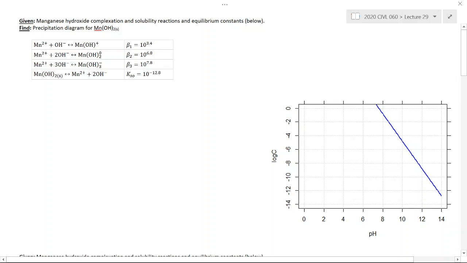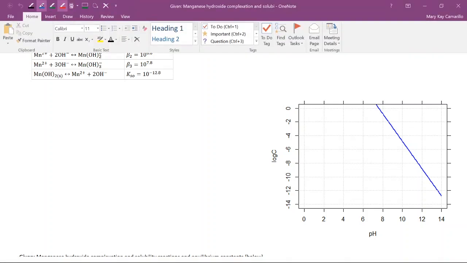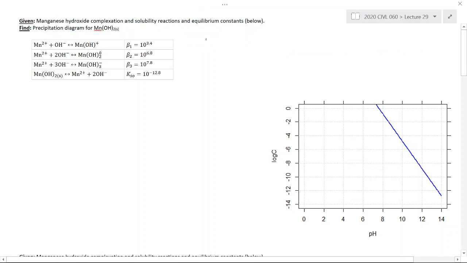And what I'm going to do is write out the equilibrium equation. Now before I get started I should mention that we are dealing with a temperature of 25 degrees, so standard temperature, and also no ionic strength effects. Not for now, at least. Okay, so we're just keeping it simple in this example.